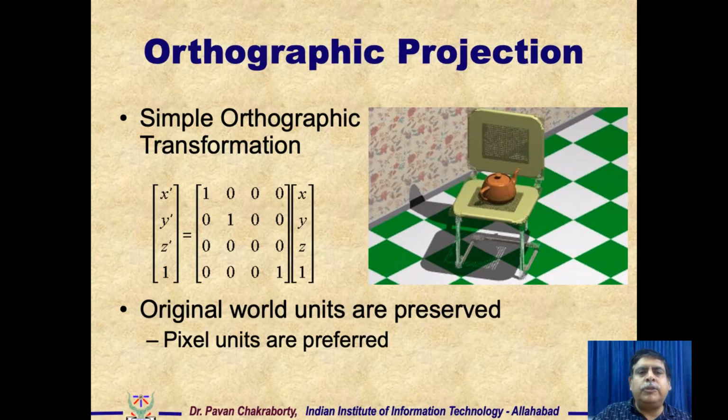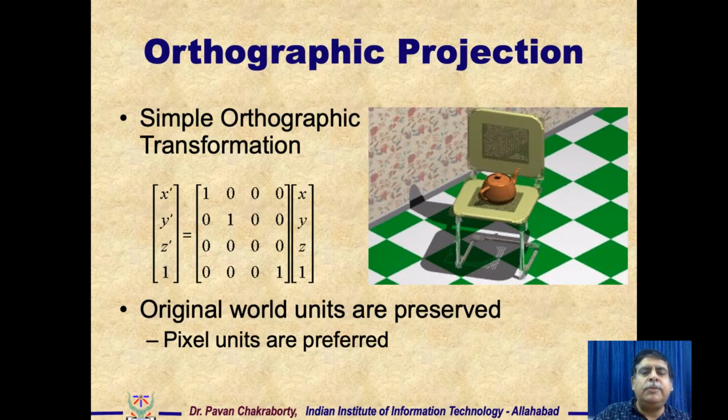For orthographic projections, it is simple because in an orthographic projection the z component is no more valid, or the z component becomes 0, while the x and y remain the same. That is, x prime is equal to x, y prime is equal to y, while z prime will be equal to 0.